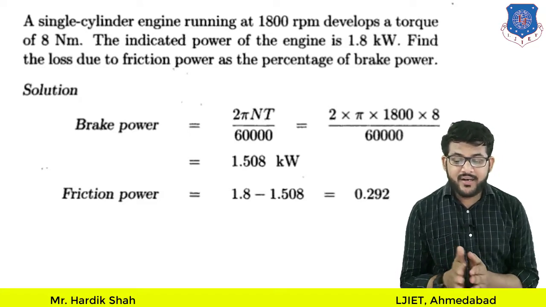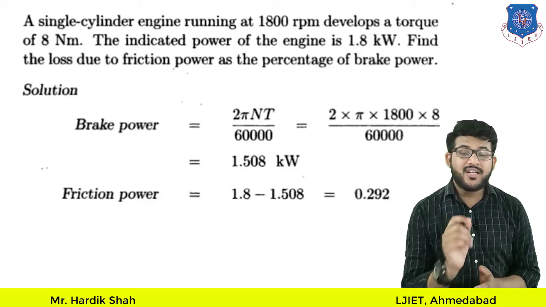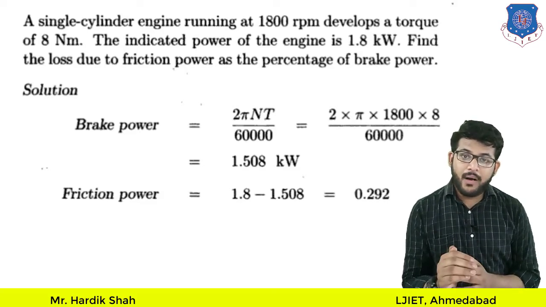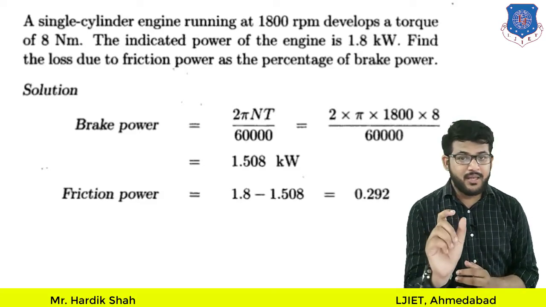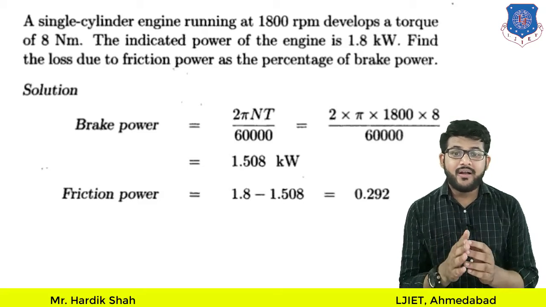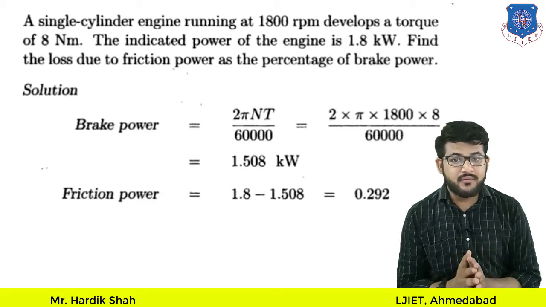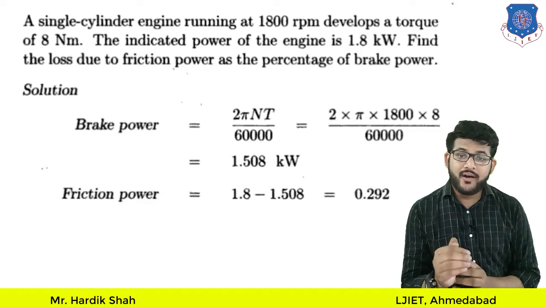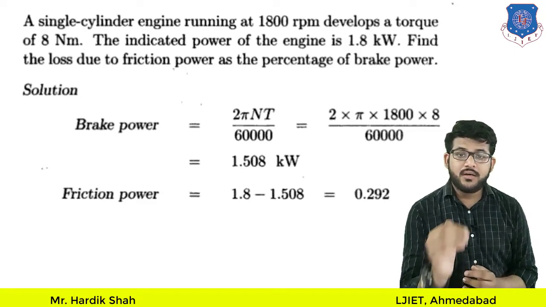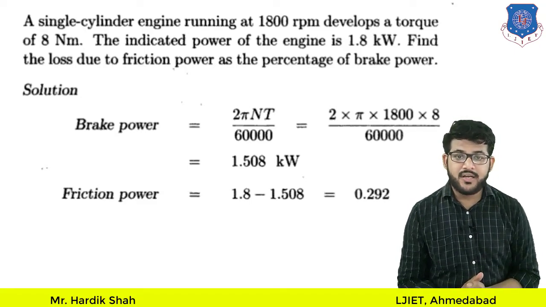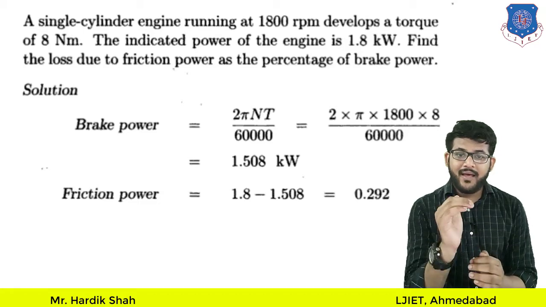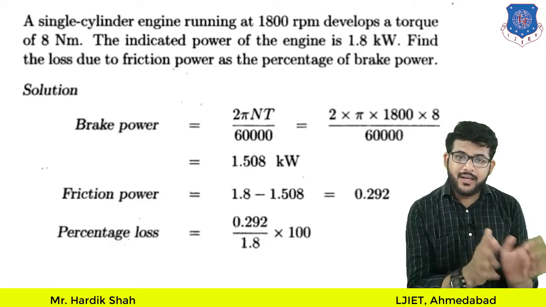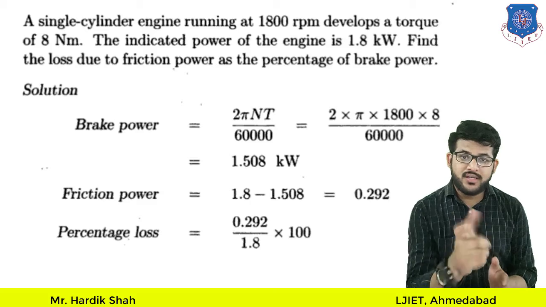Now let's find the percentage loss. Whatever power is generated is our main power, that is IP, and whatever the losses are, that is our FP. So we need to find the loss of this power generation. The formula will be FP upon IP into 100 for the percentage value.